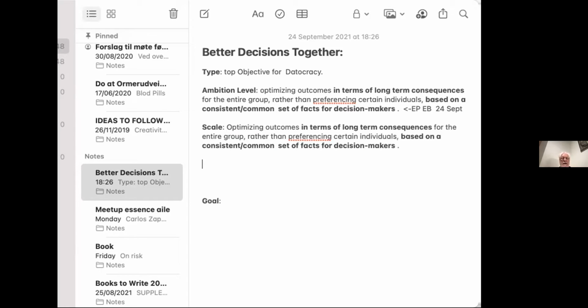Now, I'm just going to write definitions so that you're sure what I'm doing. I need to define optimizing, because it could mean many things.